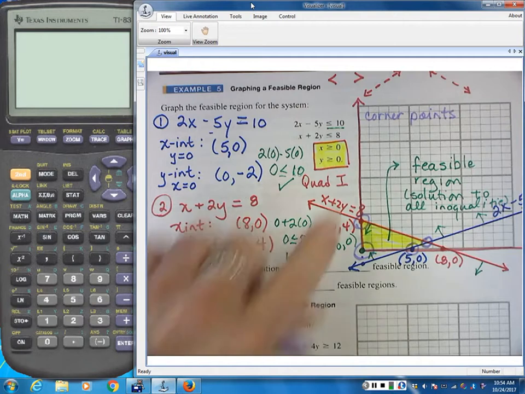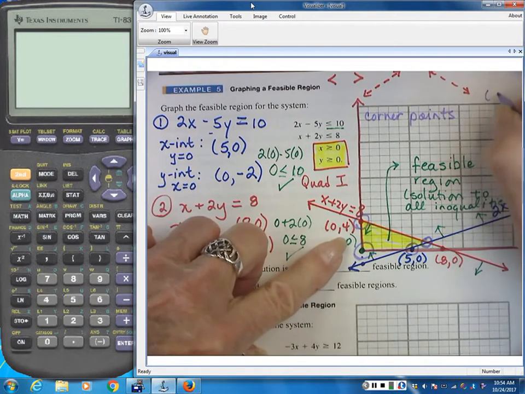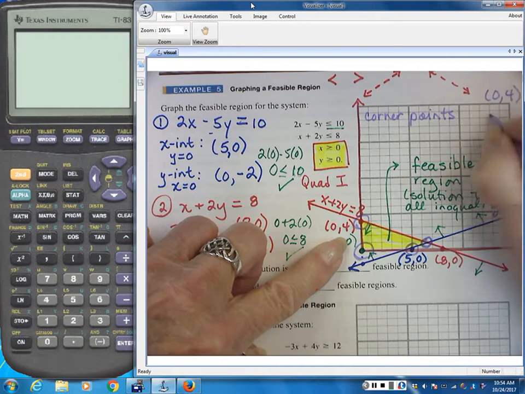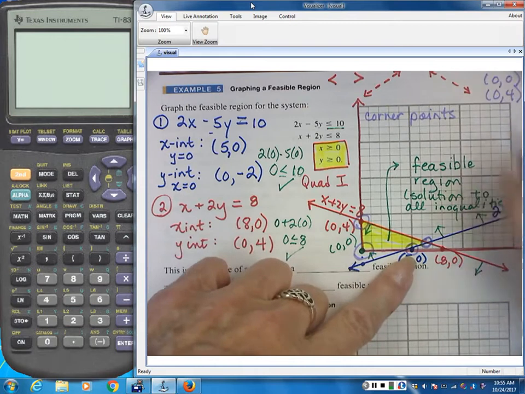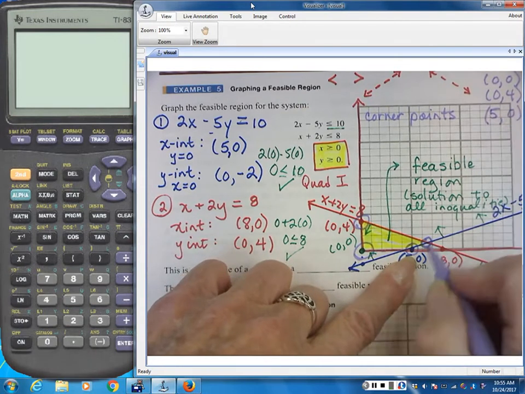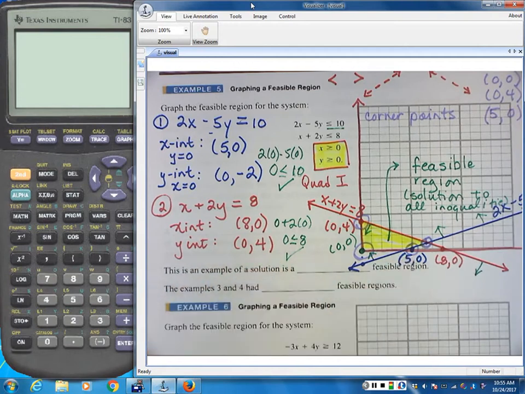And at this point, I know my corner points are (0, 4), (0, 0), (5, 0), and whatever that point is. And the only way that I can find out what that point is is to solve the system of equations that's created with these two boundary values.